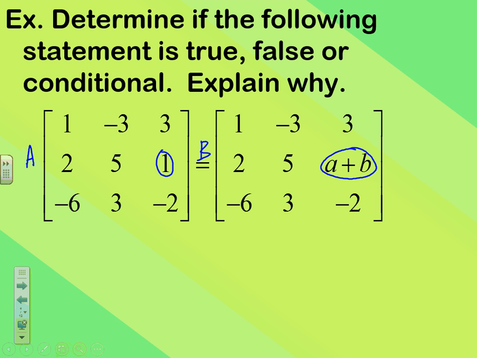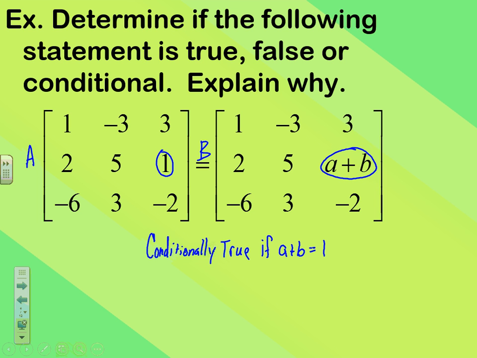So here I could say this is conditionally true, if a plus b actually equals 1. So if a plus b does equal 1, then yes, matrix A and matrix B would be equal to each other.